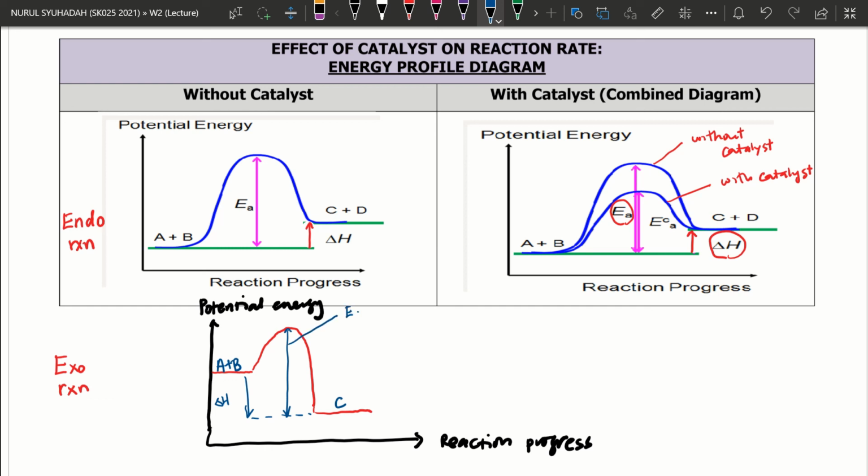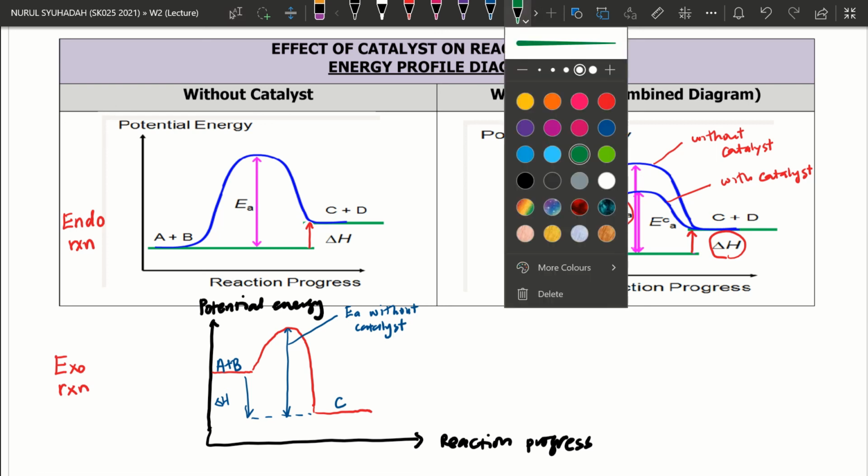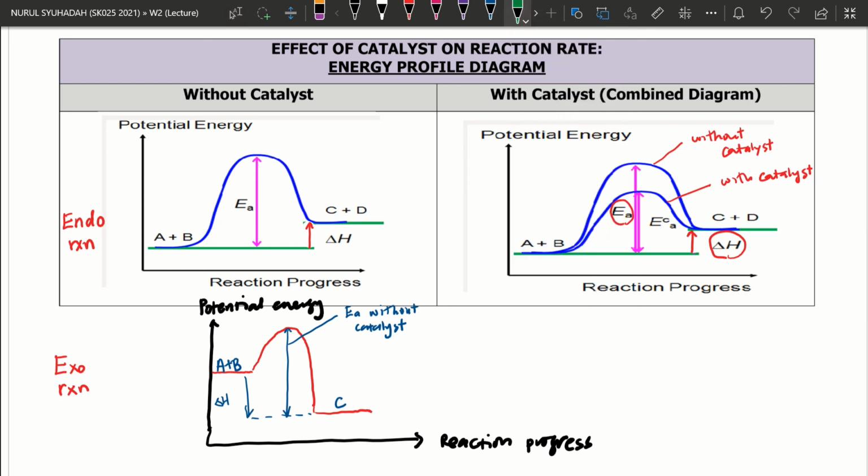So EA without catalyst. And then on the same diagram, you will draw the one with catalyst. So you will start from here.